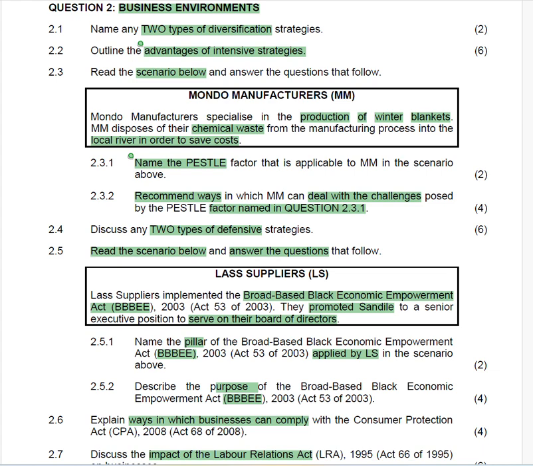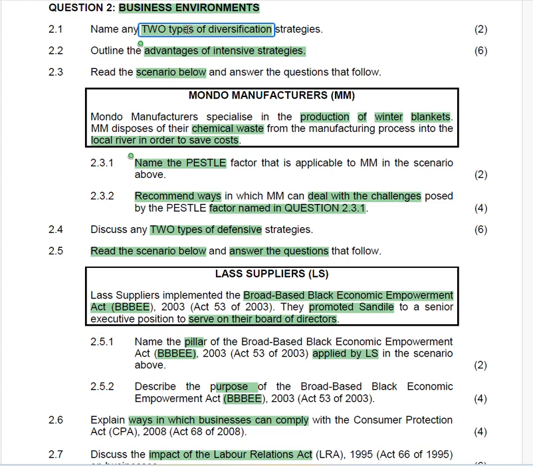It is management control. So it's one of the pillars of BEE that they've applied. However, you need to understand the 7 pillars of the BEE strategies. What are those pillars? And you need to understand what broad-based Black economic empowerment is. This is a framework in South Africa that has 7 key elements or pillars.